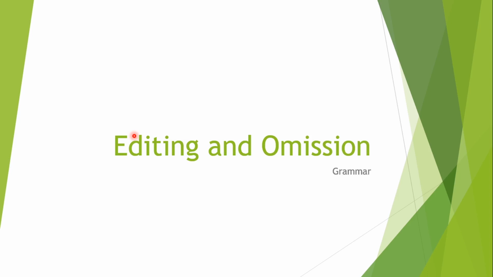And omission means if anything is missing in that sentence, if you find while reading the sentence that something is missing, so you have to put that word, whichever is missing in that sentence. Okay, so we will study about the editing and omission.